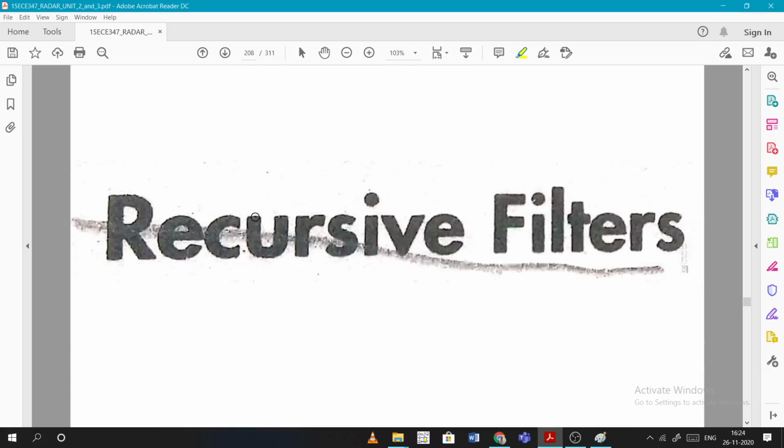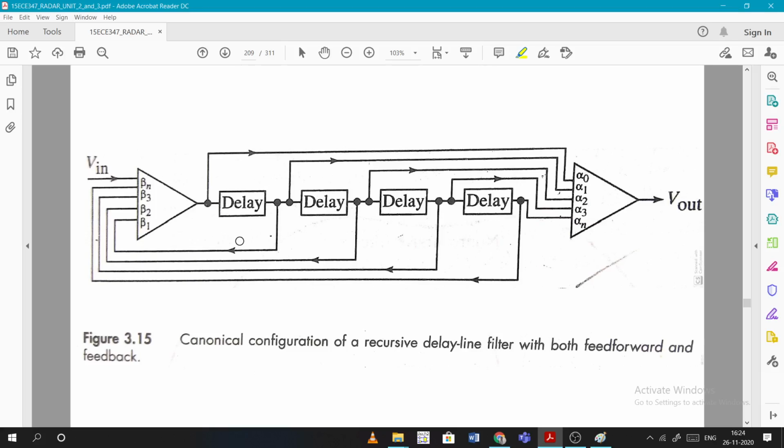So this is the general diagram for a recursive filter. It is called the canonical configuration of a recursive delay line filter with both feedback and feed forward.